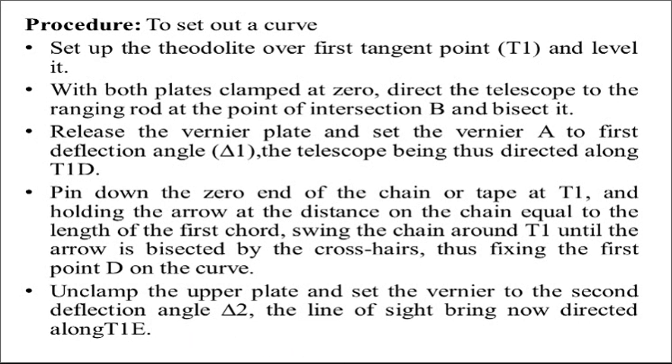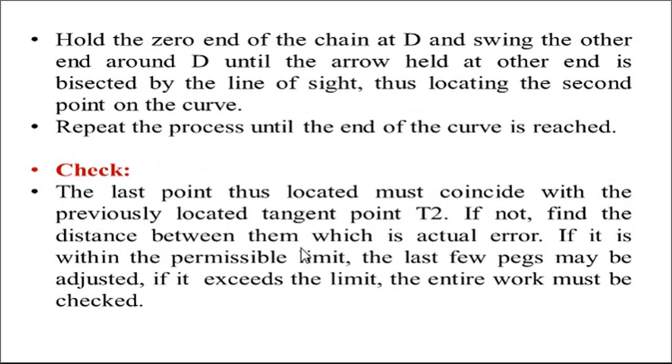So in this way we have to set out the different points, and then these points we have to join by a smooth curve. Next one, hold the zero end of the chain at D and swing the other end around D until the arrow held at the other end is bisected by the line of sight, thus locating the point E, or you can say the second point on the curve.